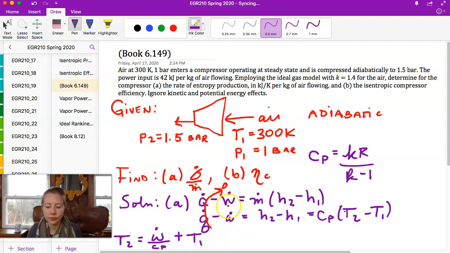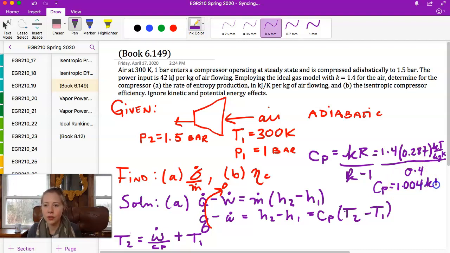So Cp is going to be 1.4 times our R for air, which is 0.287 kilojoules per kilogram Kelvin, and then we divide by 1.4 minus 1, which is 0.4, which gives us Cp equal to 1.004 kilojoules per kilogram Kelvin.